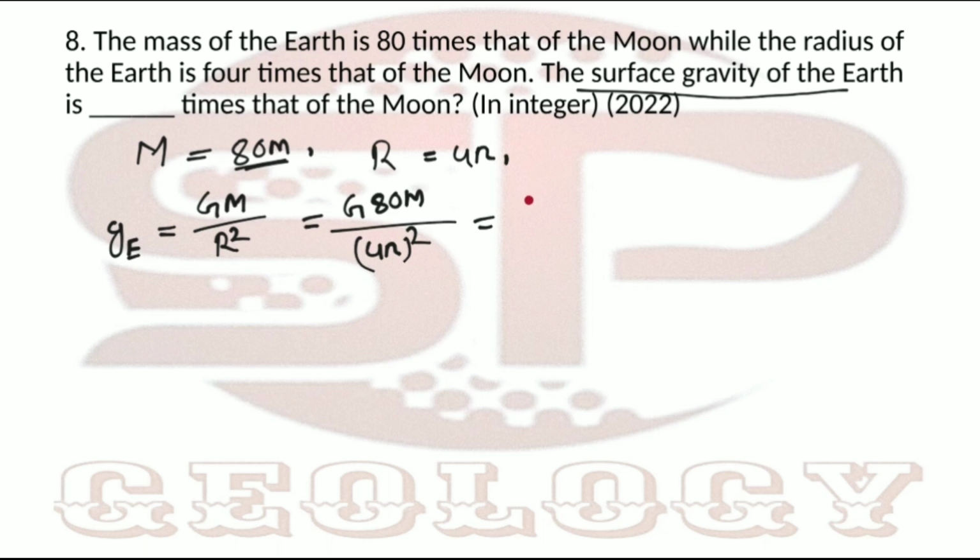It will be 5 G small m by r square. So G small m by r square we can call the gravity of the Moon. So it will be 5 times. The surface gravity of Earth is 5 times that of the Moon.